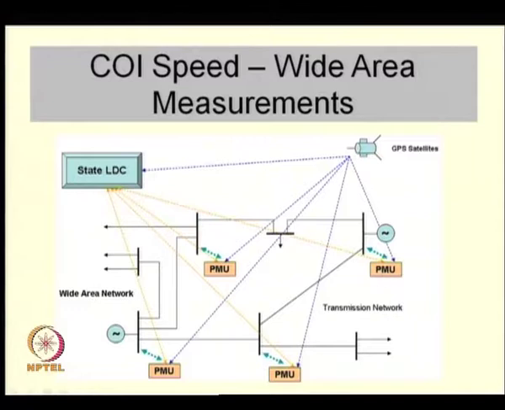All these have synchronized clocks, so that the frequency or generator speeds are time stamped and sent to a common load dispatch center, wherein the center of inertia speed in principle can be calculated, and then you can use these signals to trip out certain loads. So, in principle this kind of scheme is feasible.